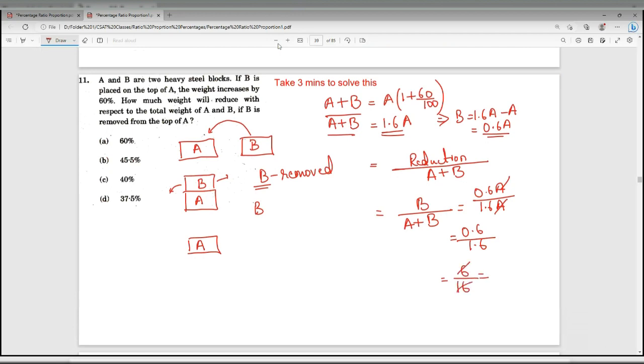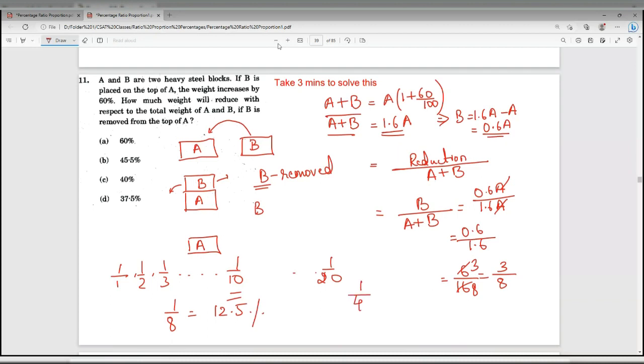2 3s are 6, 2 8s are 16, so 3 by 8. And 3 by 8, yesterday I think I had told, please remember by heart the ratios from 1 by 2, 1 by 3 to 1 by 10. At least you have to remember this. If you can remember till 1 by 20, that's also good. So 1 by 8 is 12.5%. How is this 12.5%?